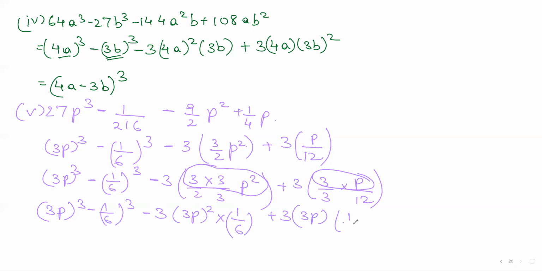So this is 1 upon 6 whole square. This is a cube minus b cube minus 3a square b plus 3ab square, which is 3p minus 1 upon 6 whole cube.